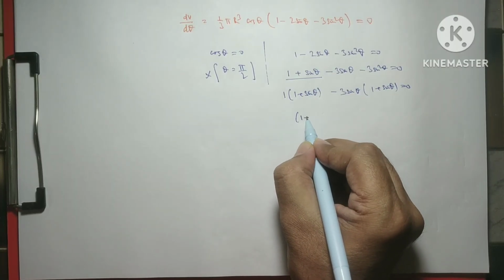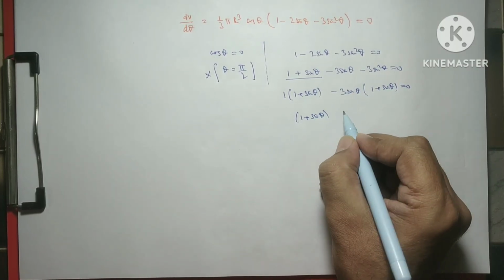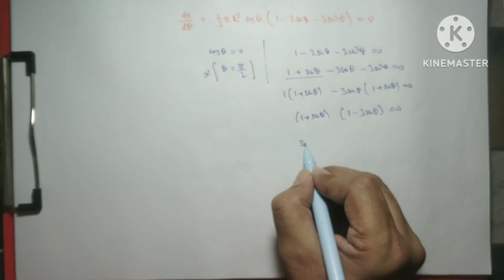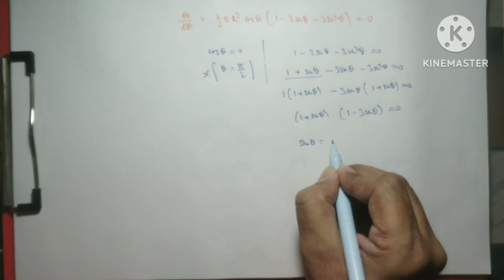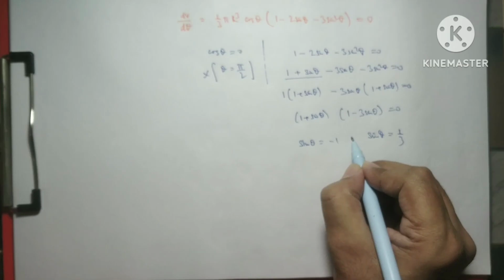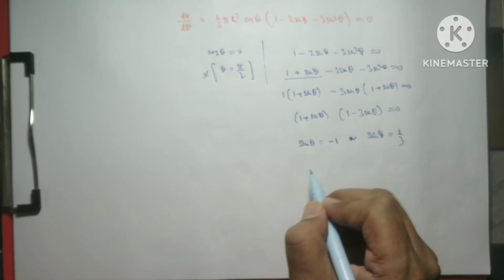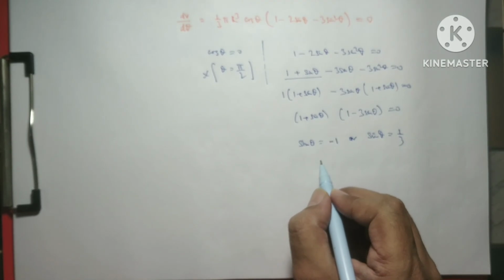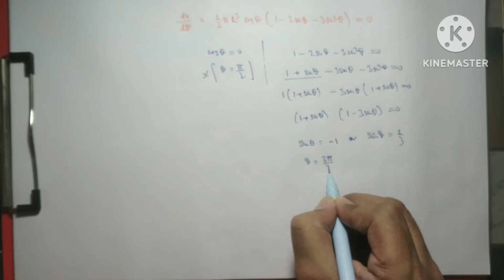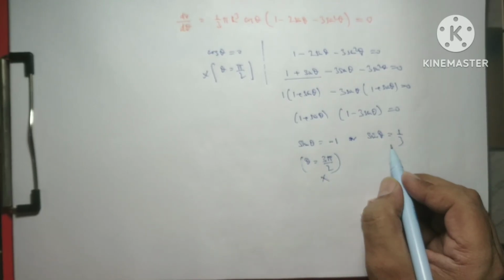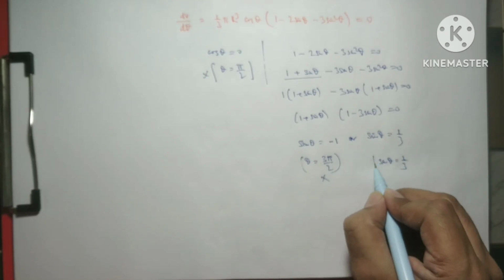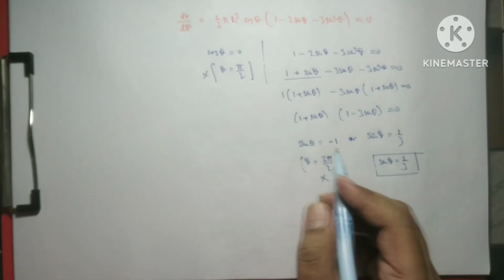So we have 1 plus sin theta into 1 minus 3 sin theta, and these produce the values sin theta is minus 1 and sin theta is 1 by 3. And according to this, theta will be 3 pi by 2. Again this can't be possible, so we reject this, and it means sin theta is 1 by 3 is our requirement.